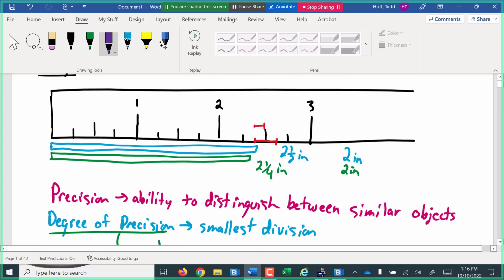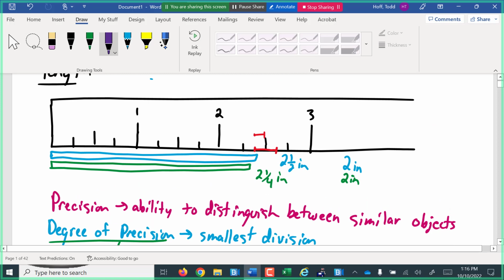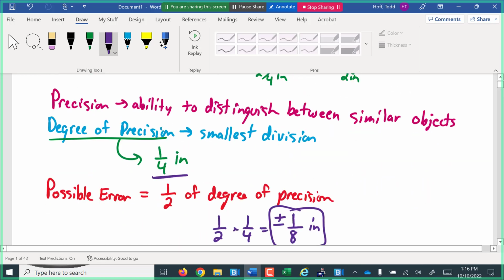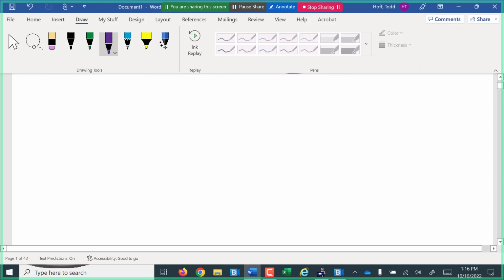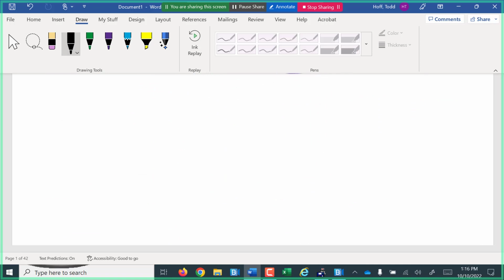So what that means is any measurement we could report, the actual object could be an 1/8 inch smaller to an 1/8 inch larger. Here, the blue line was reported as 2.5 inches. Well, it could have been an 1/8 inch smaller or an 1/8 inch larger and still reported as 2.5 inches. So what that means is any measurement we report has that error in it.